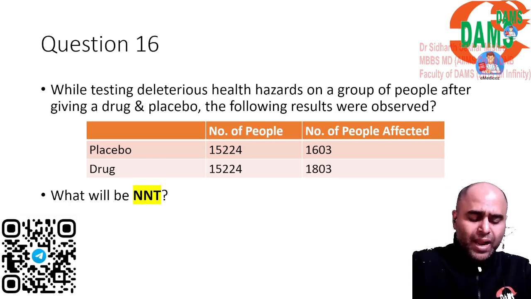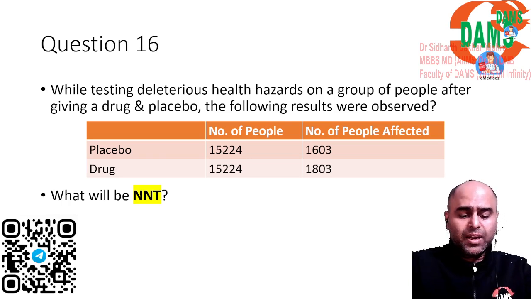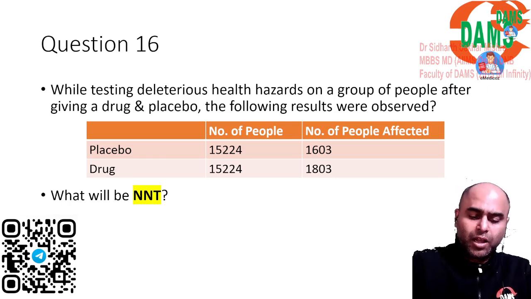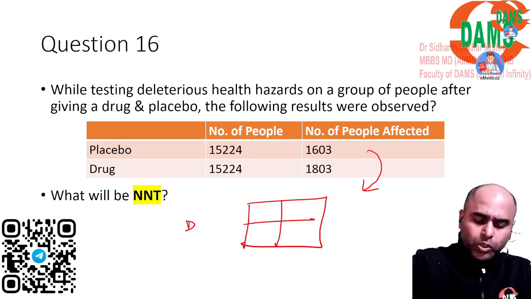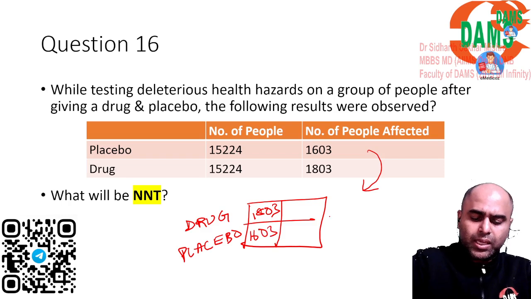Which test, while testing deleterious health hazards on a group of people after giving a drug and placebo, the following results were observed. You need to redraw the 2 by 2 table properly. This is drug, this is placebo. 1803, 1603, 15224, 15224.